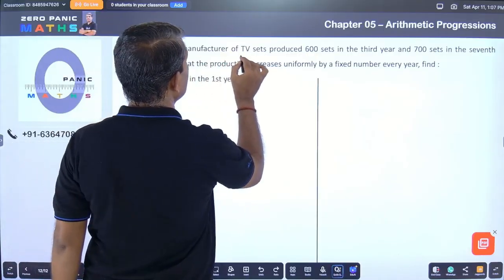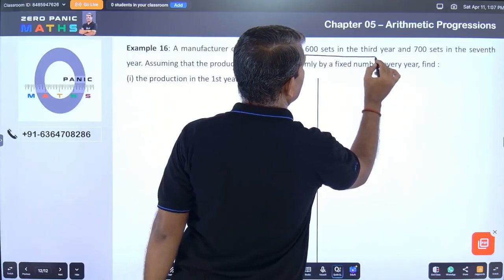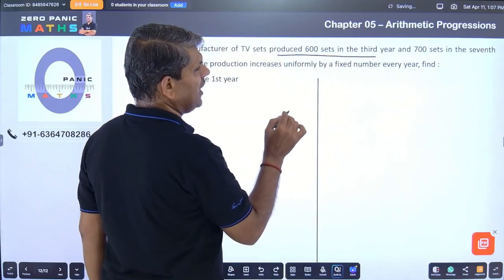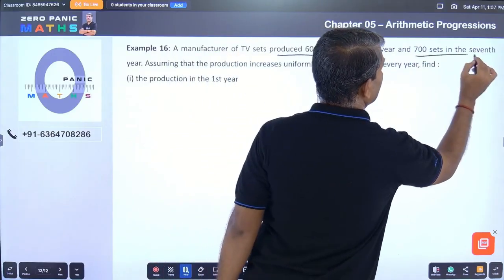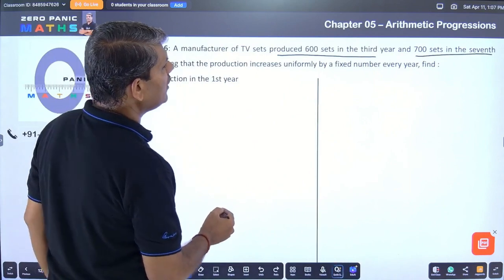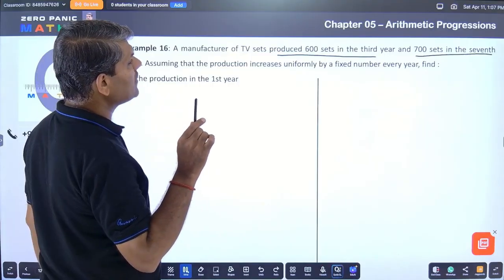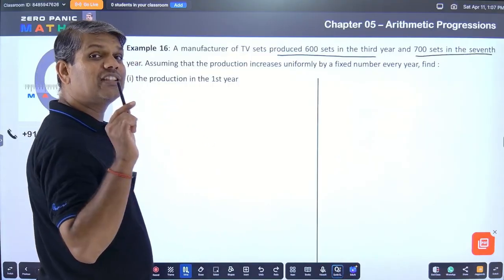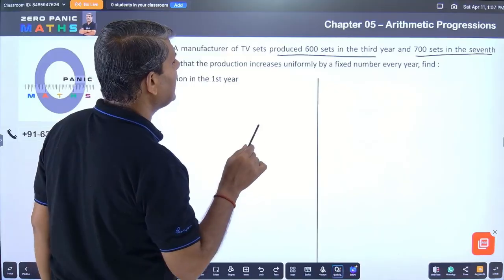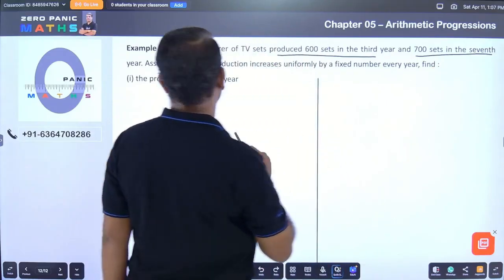A manufacturer of TV sets produced 600 sets in the third year and 700 sets in the seventh year. The third year means the third term, a3, and 700 sets in the seventh year means a7.